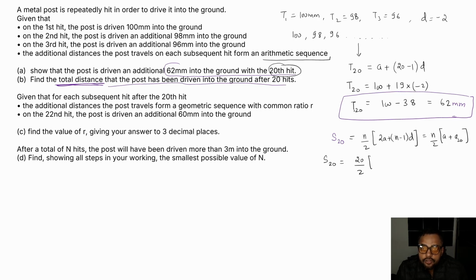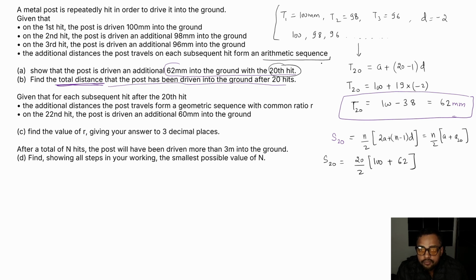The first term was, student, 100 mm. So we take the first term plus a20. A20 we have calculated, that is 62. Don't get confused between A and T. I have taken T1 as a general representation for you, and T20 is a general representation. Here we have written A and A20; both are the same.